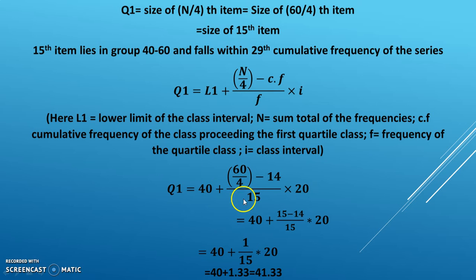Then we'll put the values, and after putting the values, first we'll solve this and then we'll add or minus. So 40 plus 1.15 into 20, and then 40 plus 1.33, that is 41.33.